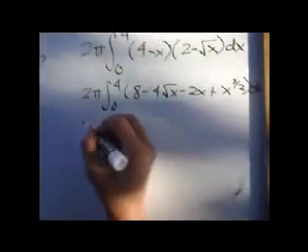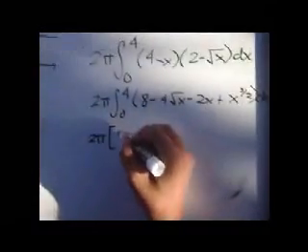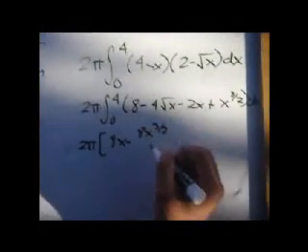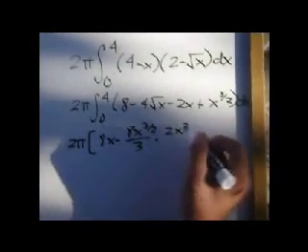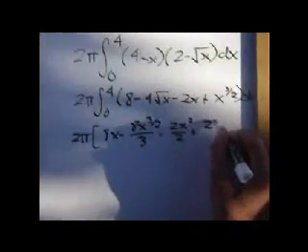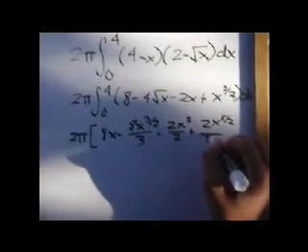So now we integrate it. It'll be 2 pi times 8x minus 8x to 3 over 2 over 3 minus 2x squared over 2 plus x to 5 over 2 over 5, from 0 to 4.